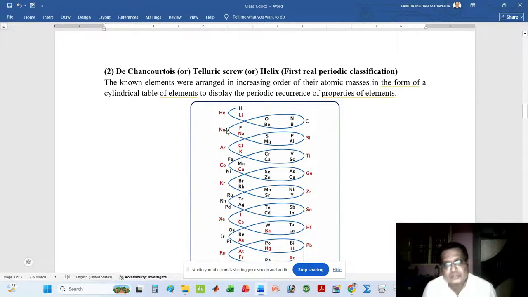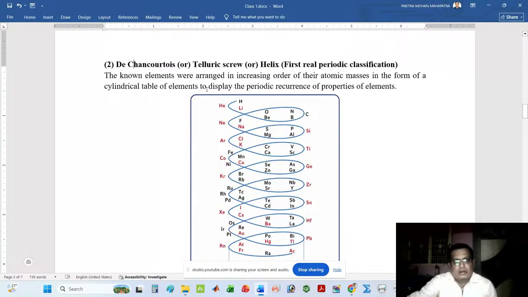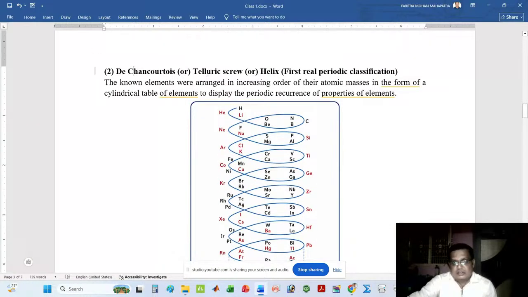Do you know about the screw, which is one type of nail? They have a spiraling cut. Next, helix. Yes, it also looks like a helix structure. That was proposed by de Chancourtois. Since it looks like a screw, there are three names: you can call this de Chancourtois' periodic classification, telluric screw, or helix classification.